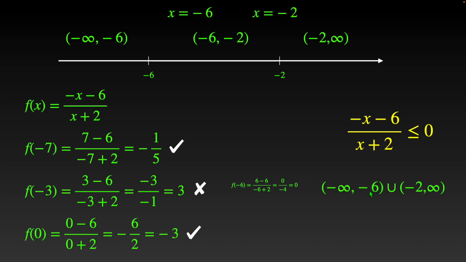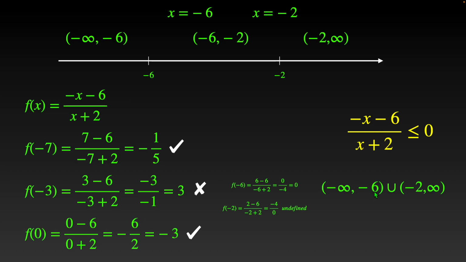We can include -6 in our solution. But what happens when we plug in -2? Notice when we plug in -2, we get -4/0. We cannot divide by 0. This is undefined. So we cannot include -2 as part of our solution.